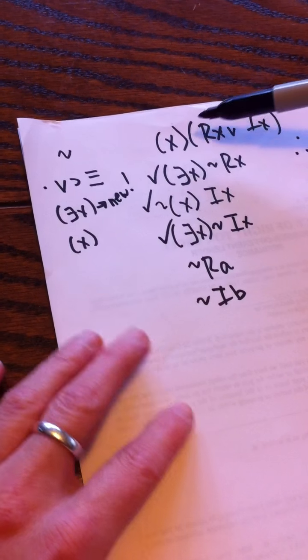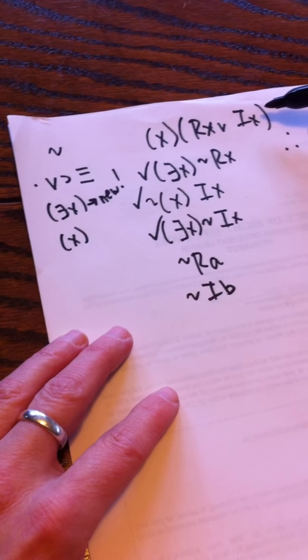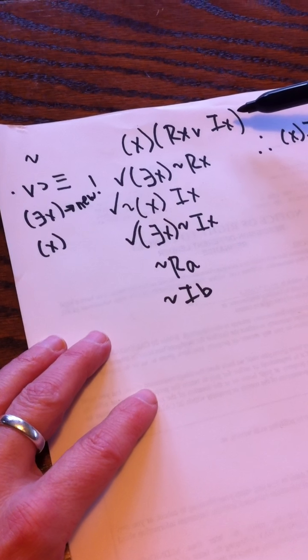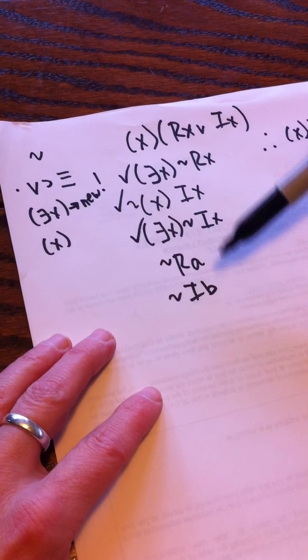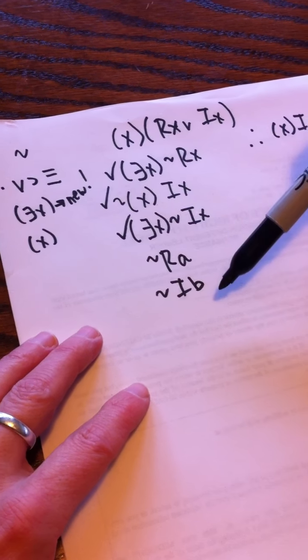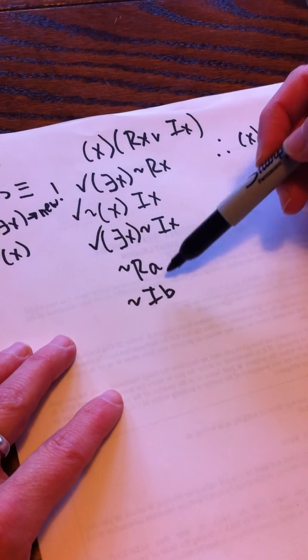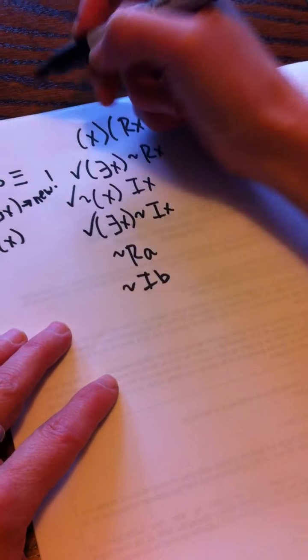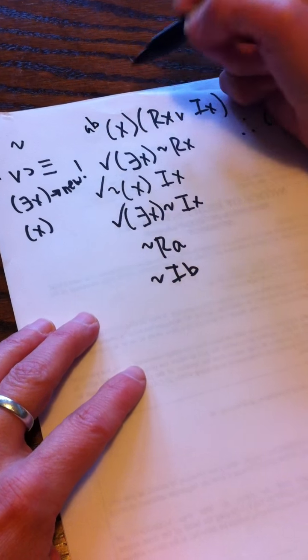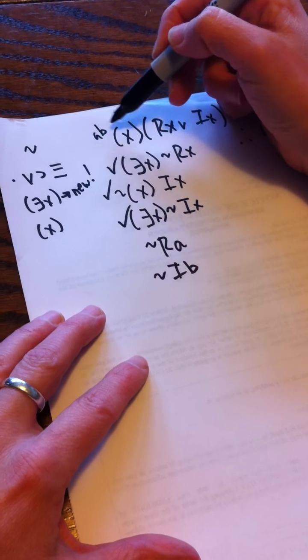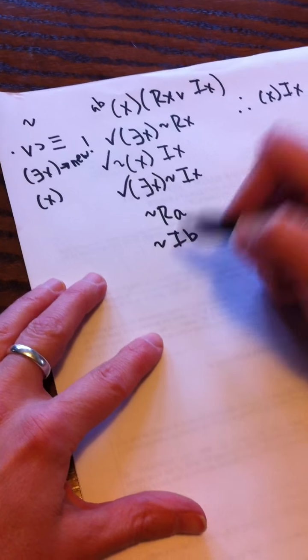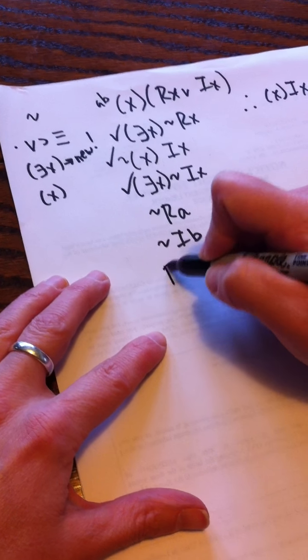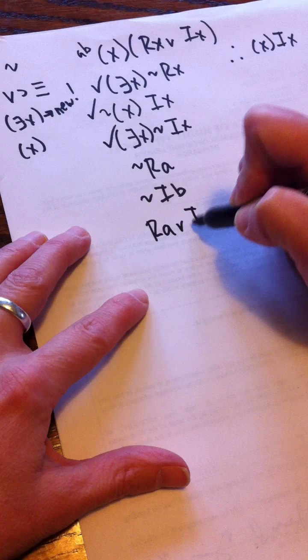The rule for universal says instantiate it with every single constant that shows up in your tree, now or later. So far in my tree I have A and B. So I have to instantiate the universal with both A and B. So I'm going to do that. RA wedge IA.